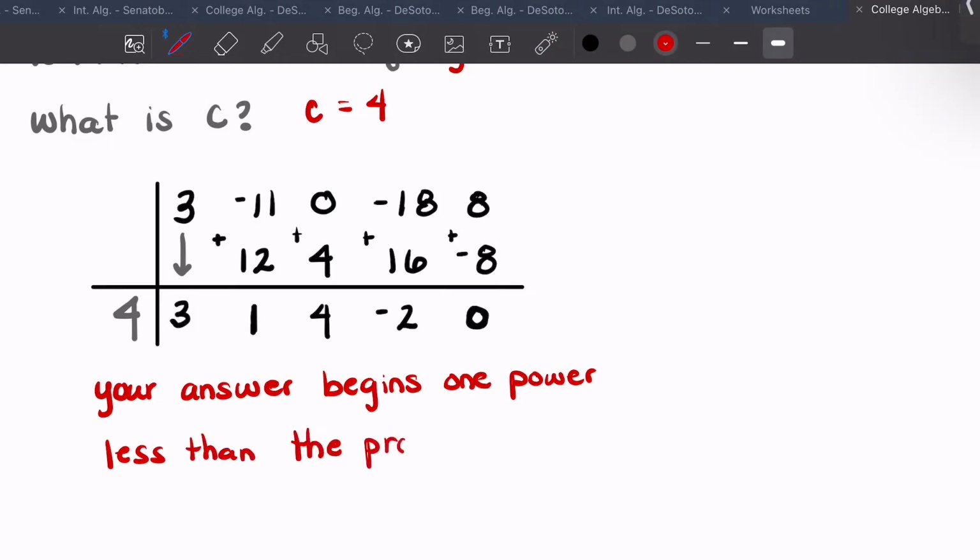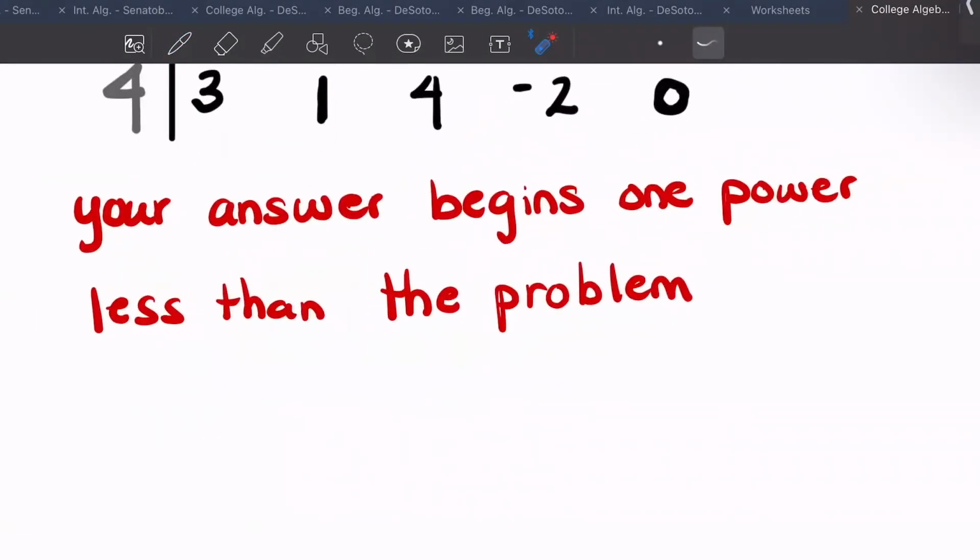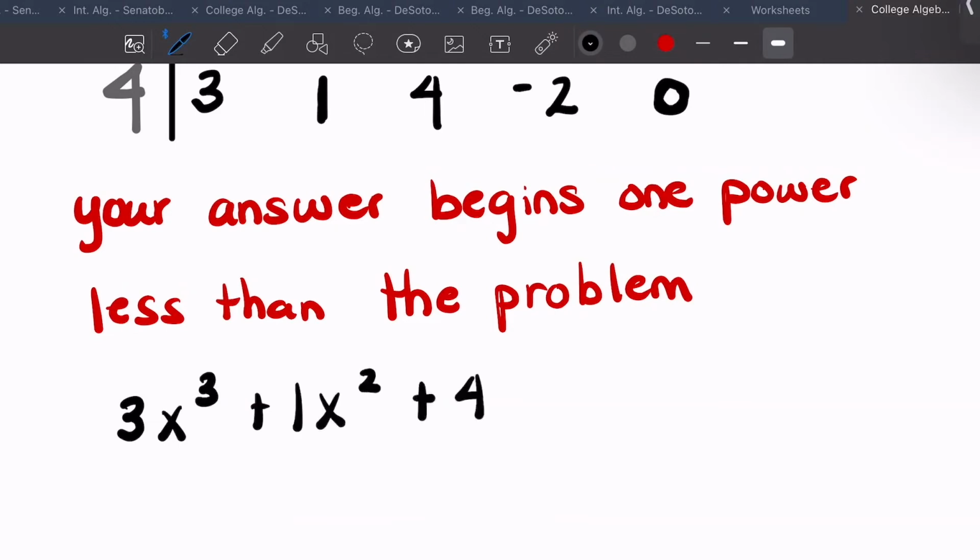Okay, so what do I mean by that? So I started with x to the 4th. So my answer will begin with x to the 3rd. Okay. So I have 3x to the 3rd plus 1x squared plus 4x minus 2 with a remainder of 0.